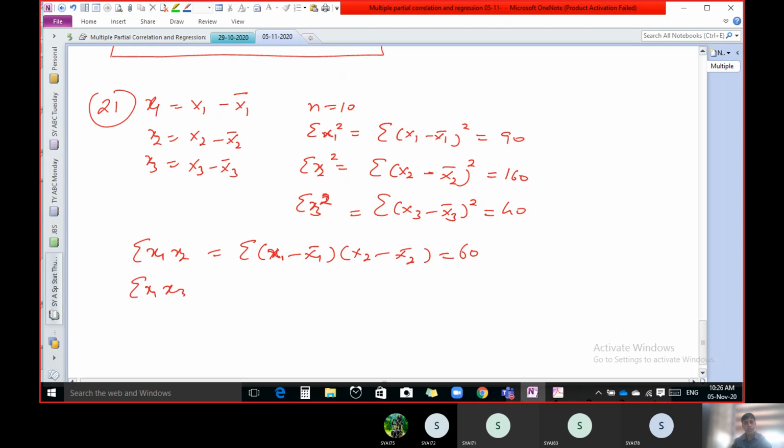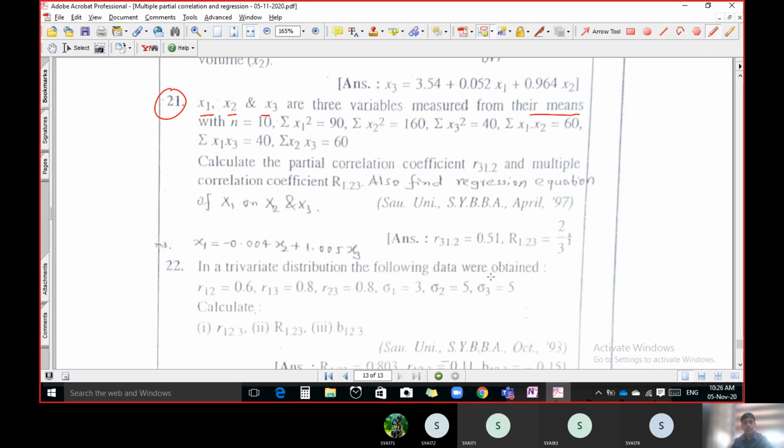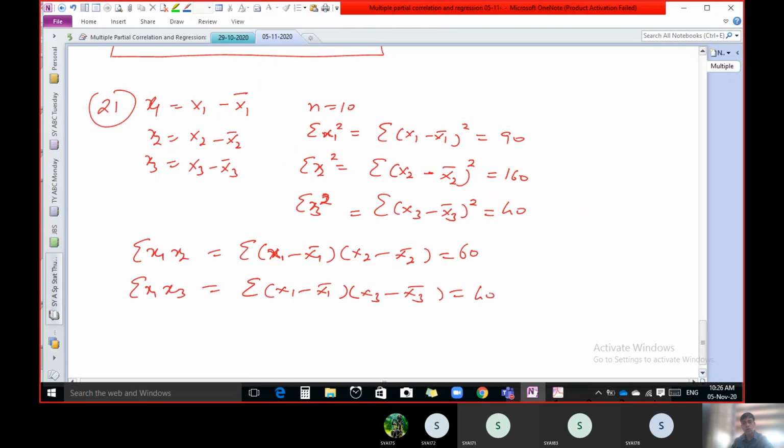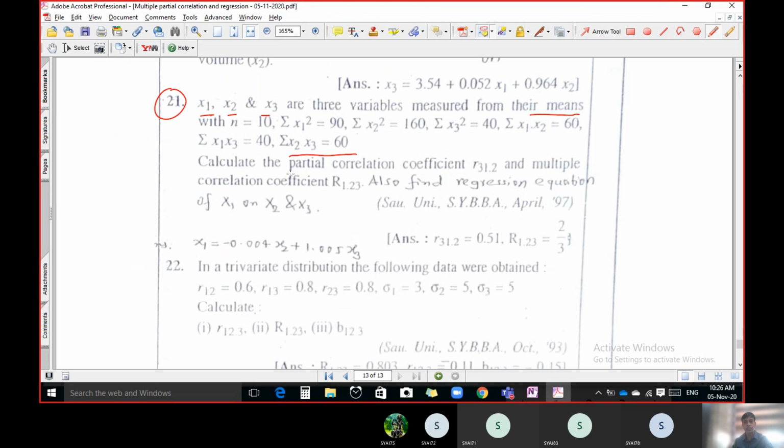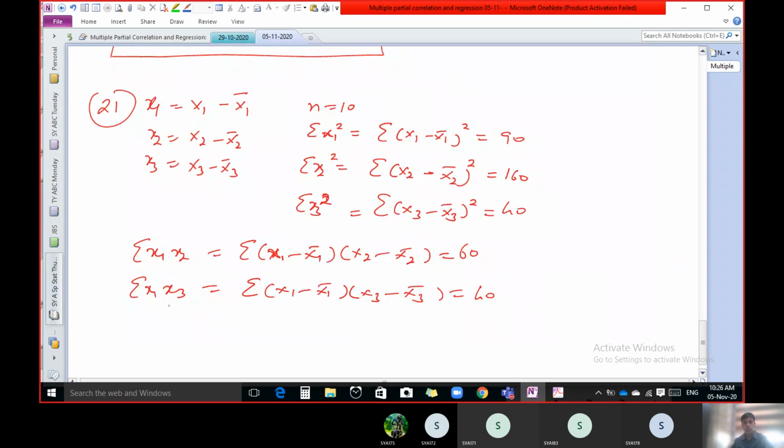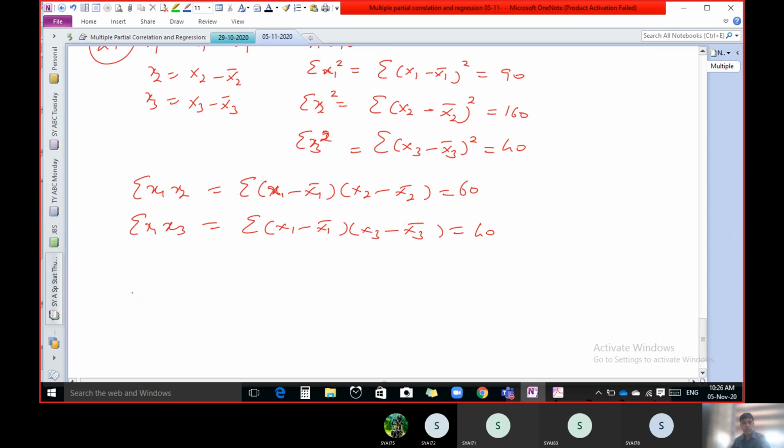Sigma x1 x3, that is sigma x1 minus x1 bar, x3 minus x3 bar, is 40, and in the same way we have the others given. And now we have to calculate the partial correlation coefficient R31.2. Now listen.